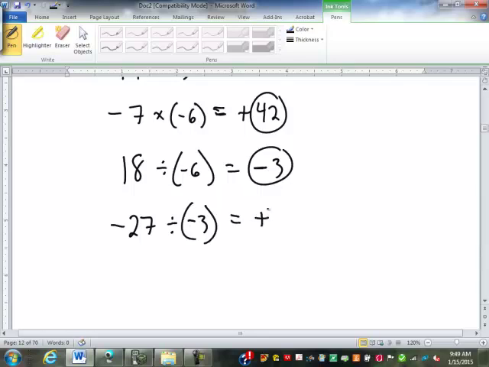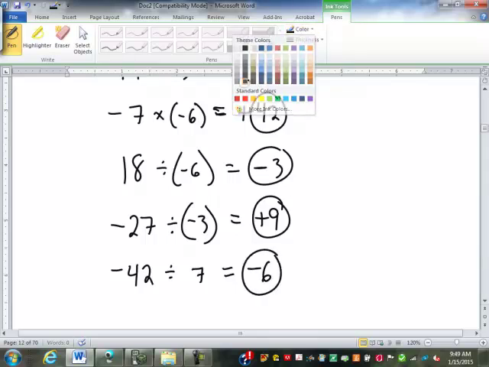A positive. A negative divided by a negative is positive. 27 divided by 3 is 9. Don't know why the parentheses are on the 7. It's positive. Negative 42 divided by 7. Negative 6. Good. Not so bad? Okay.